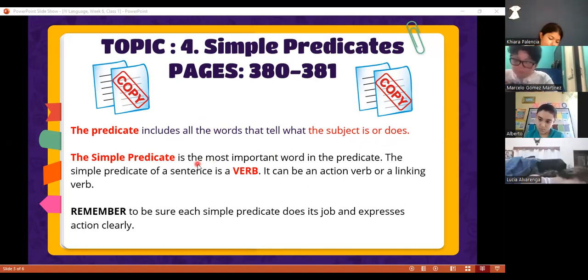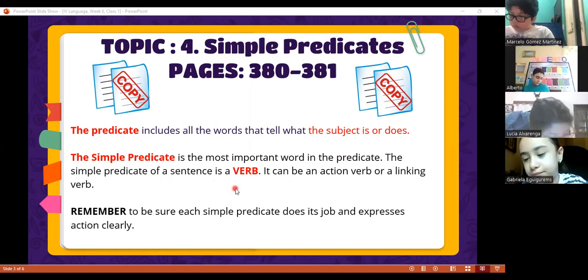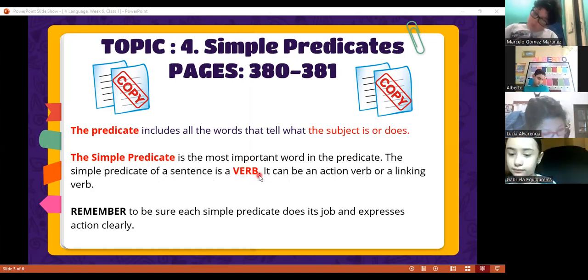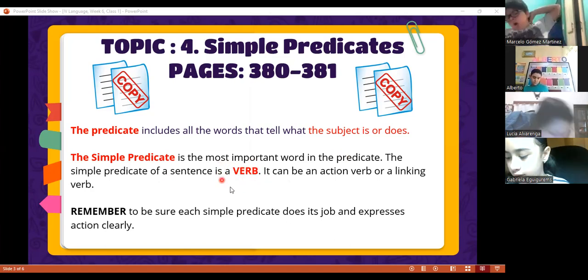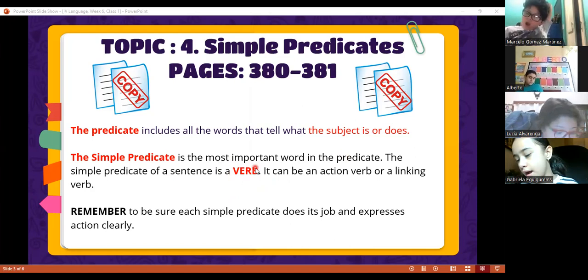But the simple predicate is the most important word in the predicate. It's the same: the simple subject is the most important word in the subject, and the simple predicate is the most important word in the predicate, the second part of the sentence. The simple predicate of the sentence is the verb. Look here. The simple predicate is the verb that you have in the sentence.